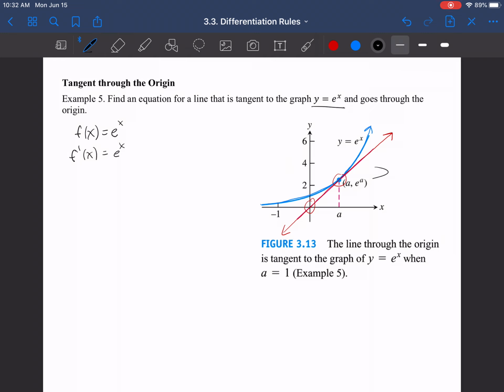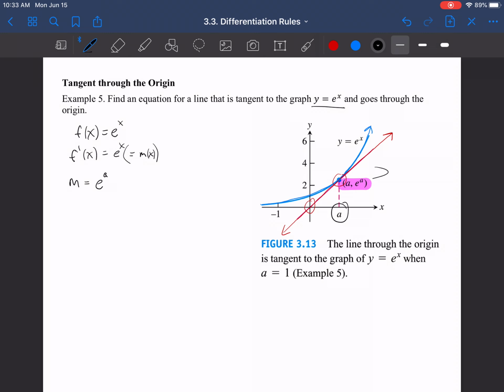Now, we're going to label the location where this graph is tangent as the point a, and then the y value is e to the a. So if this equals our slope as a function of x, that means our slope at point a is just e to the a, where x equals a.